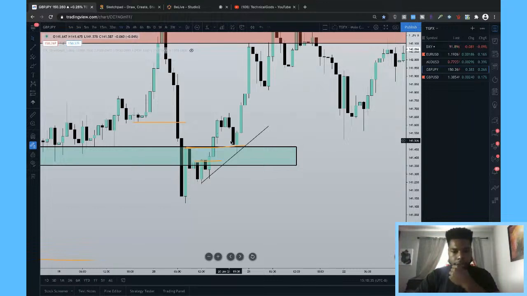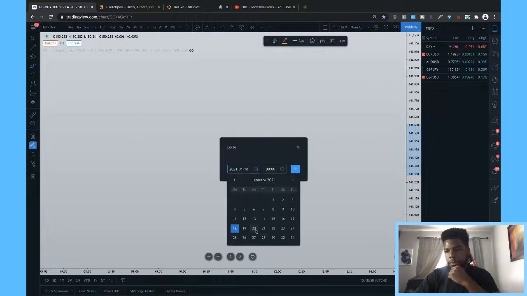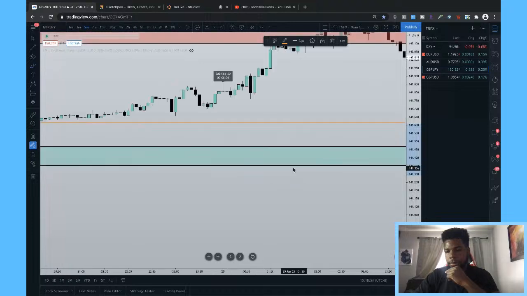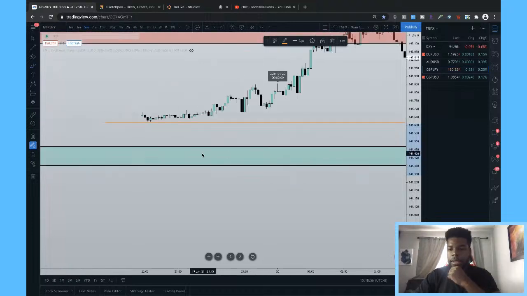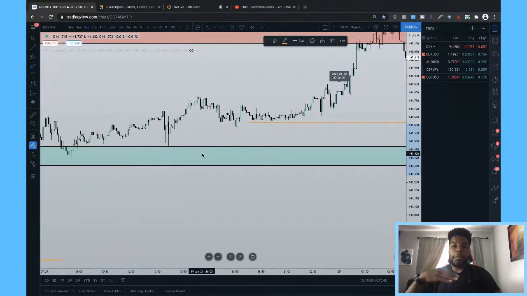Now, once again, let me highlight this area, and then what we're going to do is come here. So January 20th, we're going to go there on the 5-minute time frame. So it depends on price action structure, right? Remember the zones are based off of H4, H8, and daily.